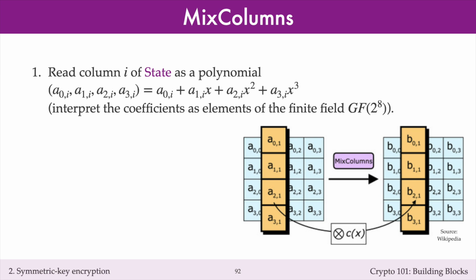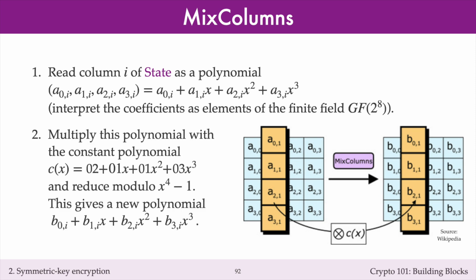Recall that each byte of the state can be interpreted as an element in GF(2^8). So we'll interpret the 4 bytes in each column as coefficients of a polynomial in x of degree at most 3, where the coefficients are in the field GF(2^8). The MixColumns operation is then defined as follows.